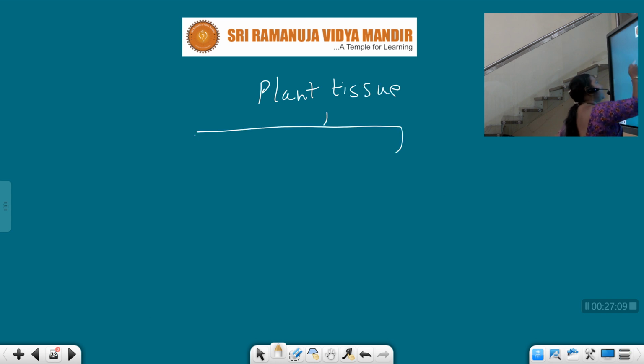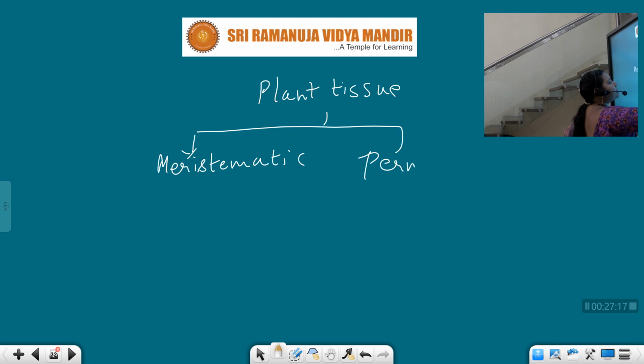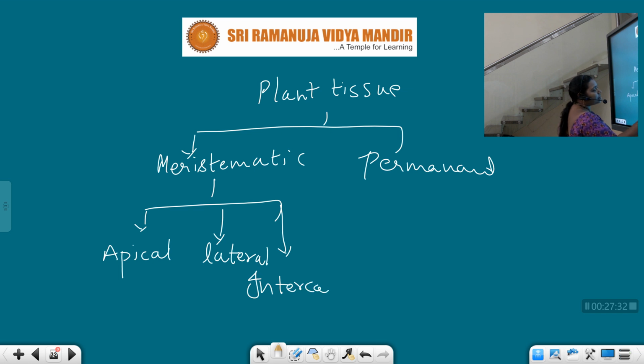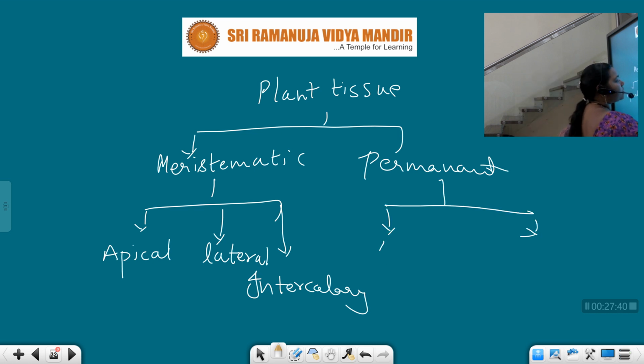Once again, for your sake, I am writing it on the board. In plant tissue, 2 types of tissues are there: meristematic and permanent. Meristematic divides into types: apical, lateral, and the 3rd one is intercalary meristems. Permanent divides into two more types: simple, and next to this, complex.